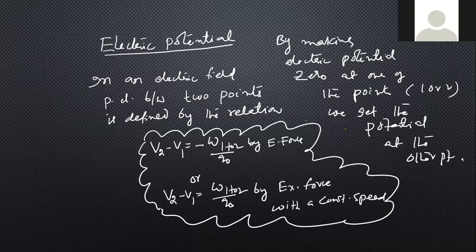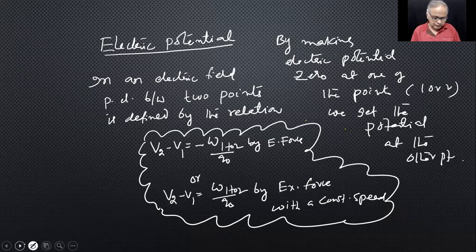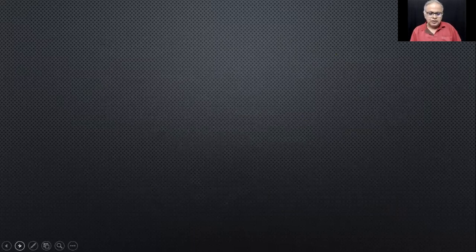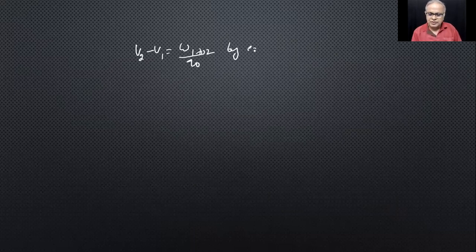Right. Now we'll come back to this again. See, V2 minus V1 equals W12 by Q naught we wrote, isn't it? By external force. This I'll focus more for meaning.